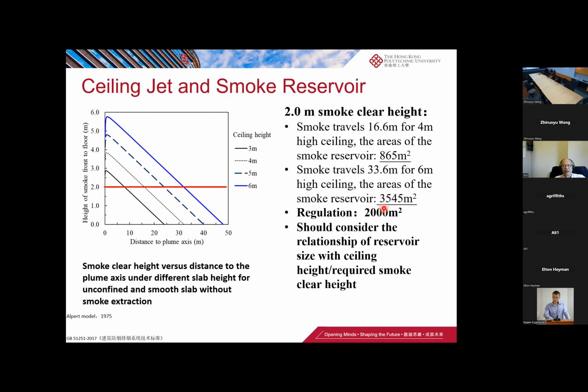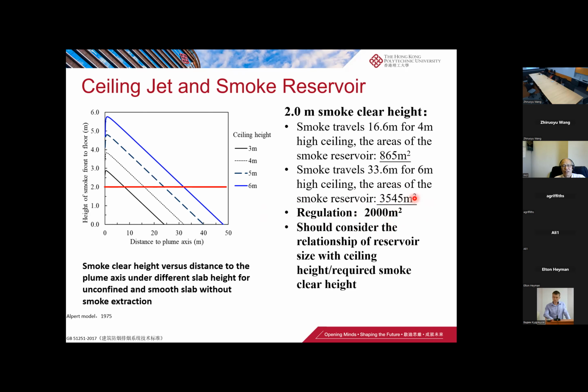So if we have a 3,500 square meter circle, with the fire placed in the center of this circle, we can have a smoke reservoir of more than 2,000 square meters. The 2,000 square meter number is actually the regulated value. The regulation gives this number, which is actually an arbitrary number.